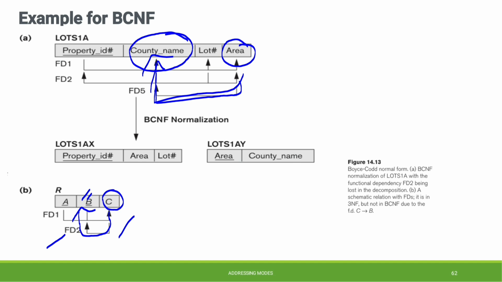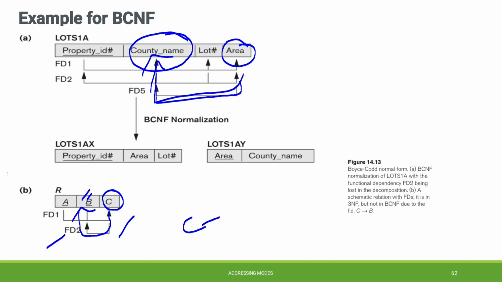Okay. So if such a dependency exists in any relation, where a non-prime attribute decides the value of a prime attribute, then that relation will not be in BCNF.